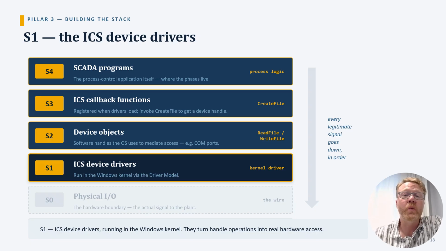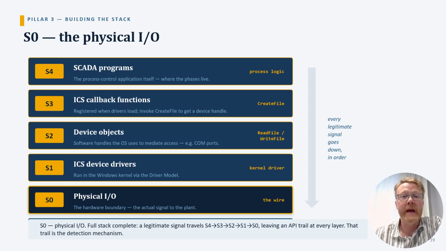These run inside the Windows kernel through the driver model. They translate handle operations into real hardware access, which is layer S0, the bottom. This is the physical I/O: the actual signal on the wire to breakers, valves, pumps, actuators, etc. So the full picture is that a legitimate command travels from S4 down to S3, S2, S1, and finally S0, leaving a traceable API trail at each step.